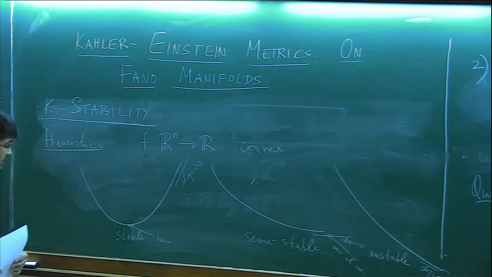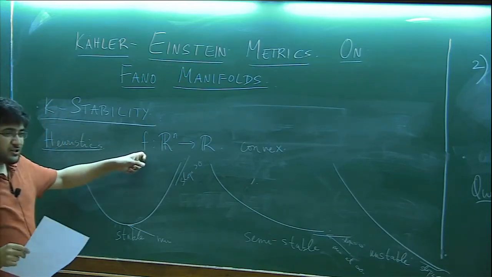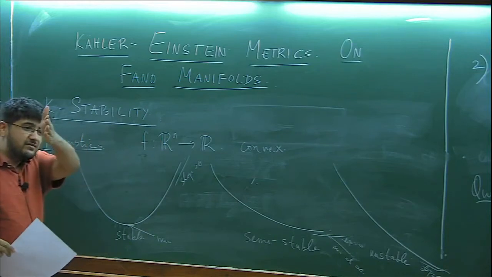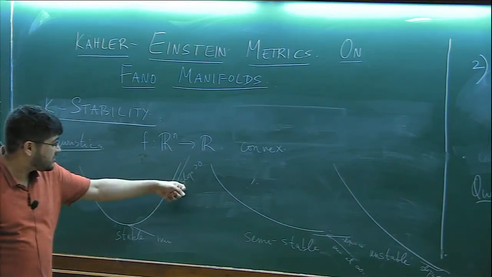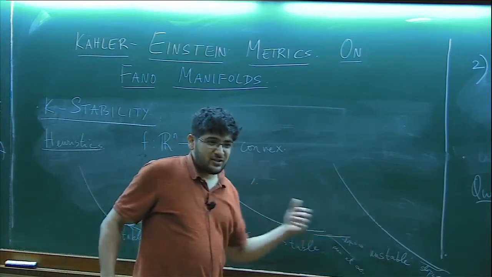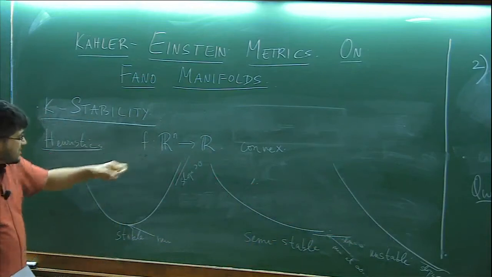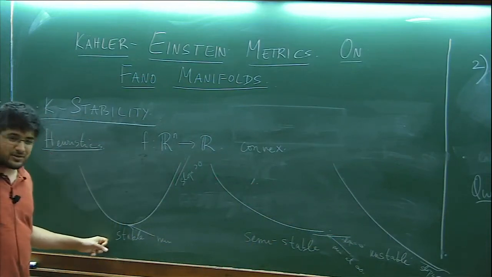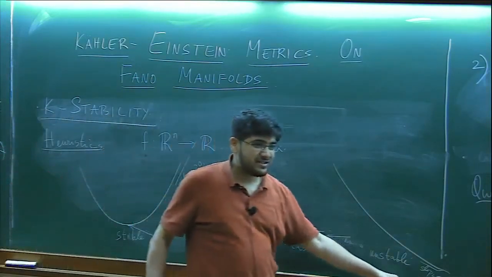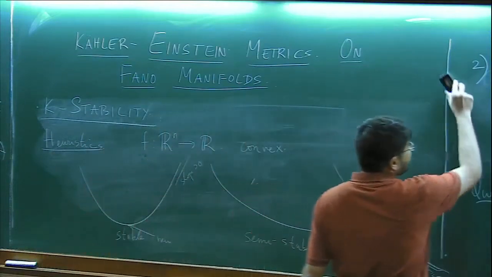In other words, if I take a ray going off to infinity, restrict my function to that and compute the derivative at infinity, I'll get something positive here, 0 here, and negative here. An infinite-dimensional analog of these three will be K-stable, K-semi-stable, and K-unstable. So just keep this heuristic picture in mind.